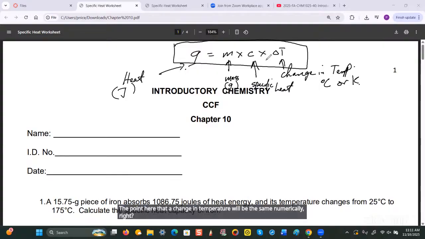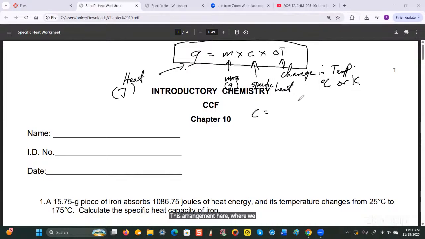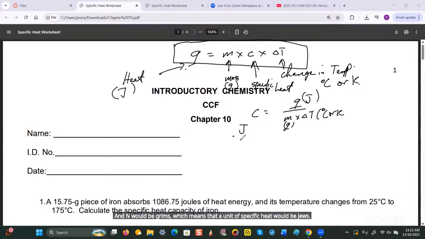And therefore, if you were to arrange this to express C in terms of the other terms, C would be equal to Q over M times delta T, right? So as I said before, Q is in joules, delta T would be in degrees Celsius or Kelvin, and M would be in grams, which means that the unit of specific heat would be joules over grams degrees Celsius or joules over grams Kelvin. Numerically, the result would still be the same.